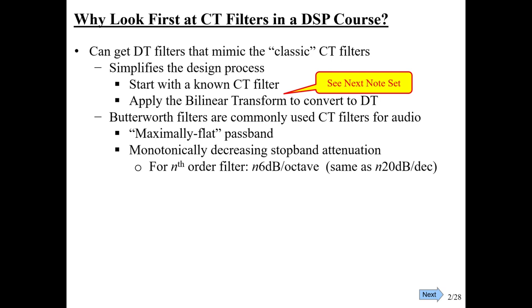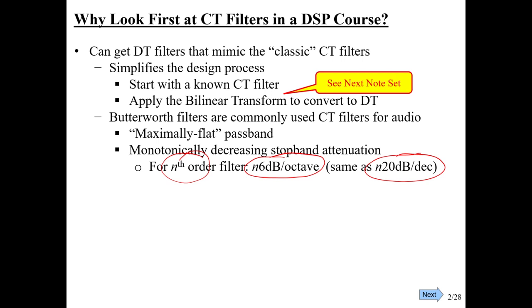And in fact, once they hit the cutoff frequency for a low pass, for example, the nth order Butterworth filter will drop off at n times 6 dB per octave. And you may remember from a signals and systems class doing Bode plots or something like that in a control systems course. You may have learned about 20 dB per decade.